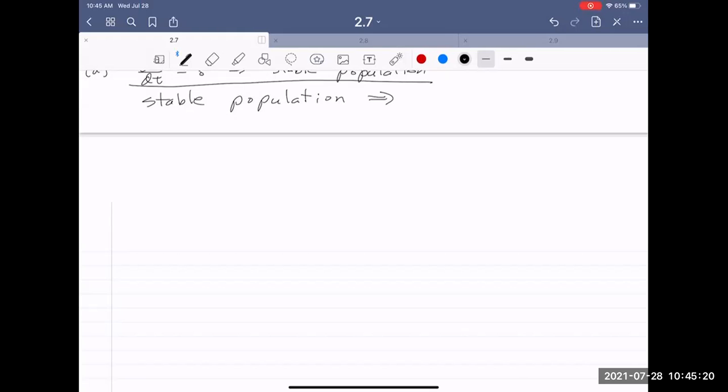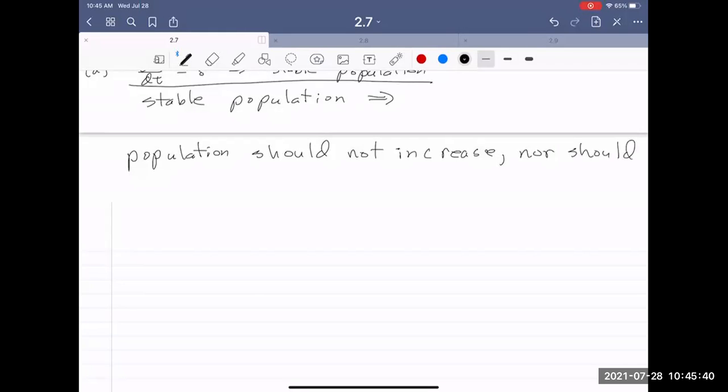You want it to be stable. You don't want the population to rise or to fall.